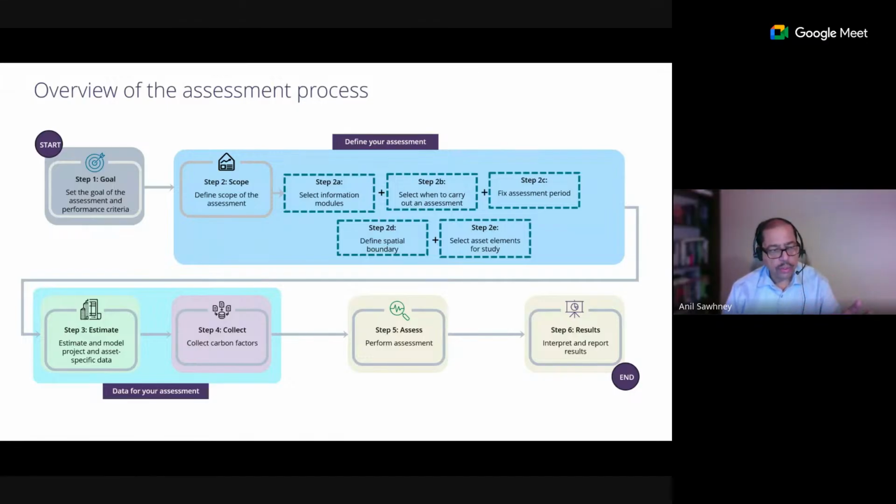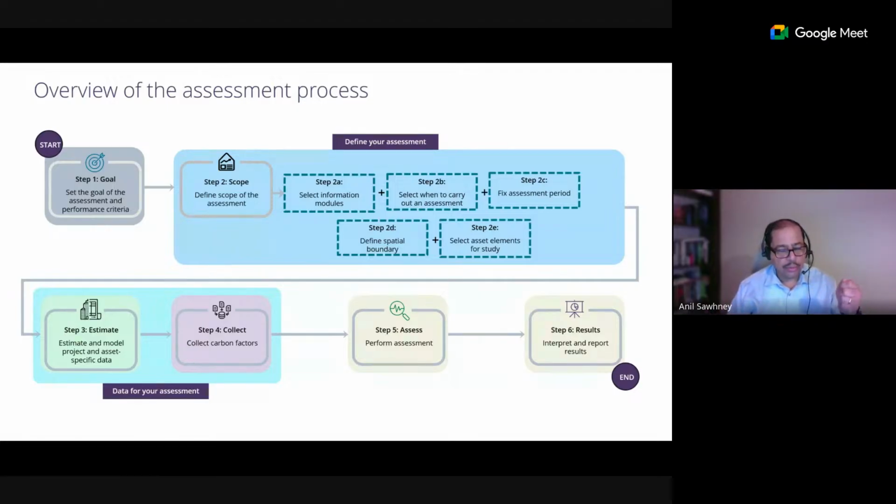Step 4 is where you go and collect carbon factors. Those carbon factors are essentially going to help you determine how you are going to convert the quantities into actual emissions.